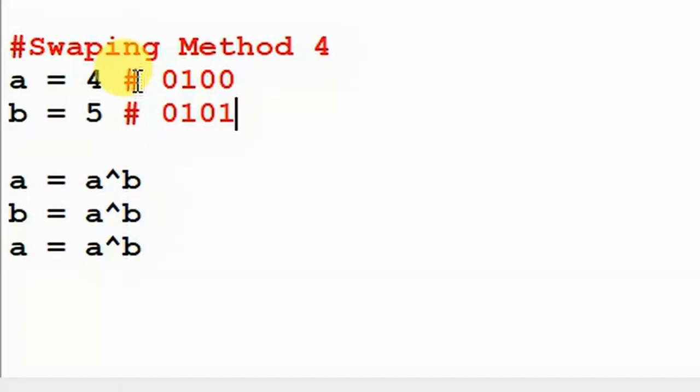This is for the binary values of 4 and 5, and the logical XOR operation is present in this place. So in this place a is 4, and in this place this value is 5. So the method acts like this in this program.